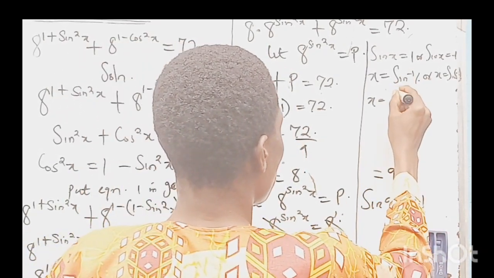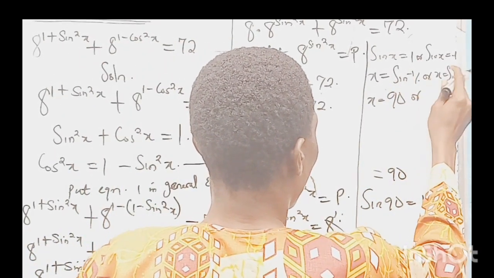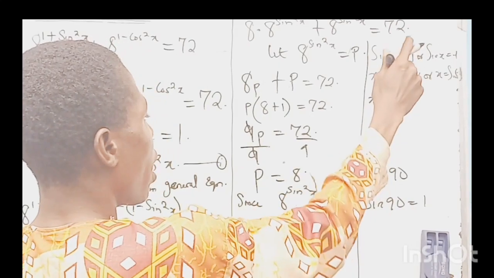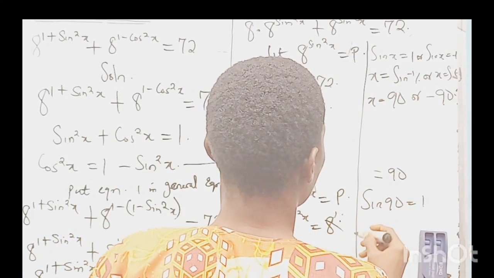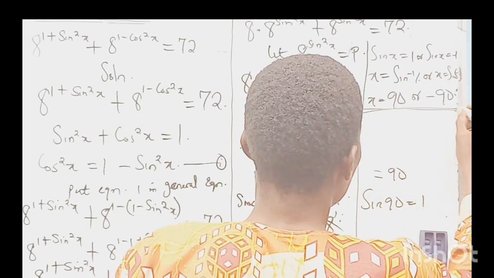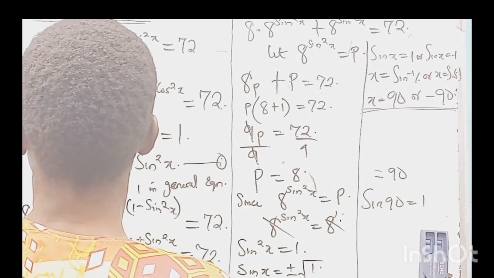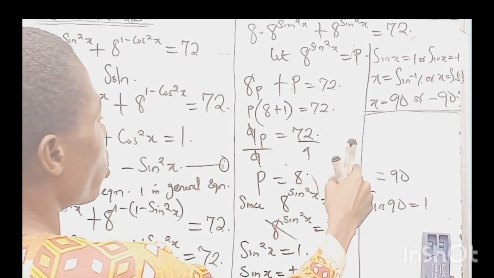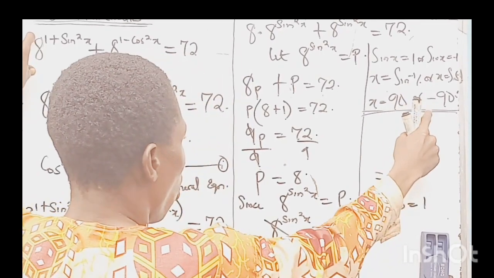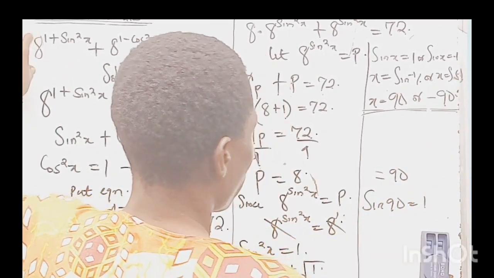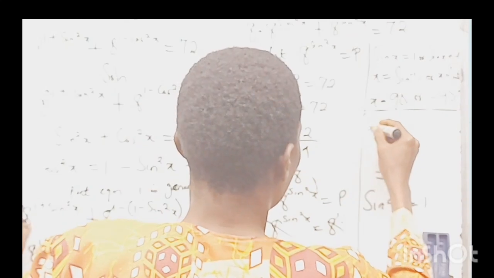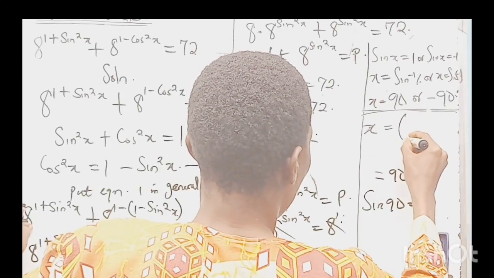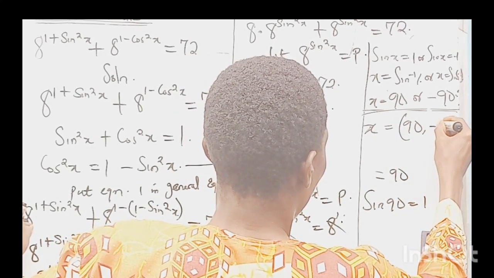So this is 90, and the sine inverse of negative 1 is minus 90. Therefore, the value of x which will satisfy this equation is 90 or negative 90. So we can keep the value of x in a paired form, that is x equals 90 or negative 90.